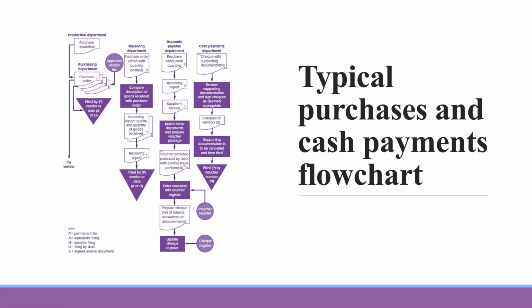For example, requisition and ordering ideally shouldn't be done by the same department. So we have the production department do the requisition and the purchasing department specialized in ordering. The other important control here is authorization. So only the authorized person can do the ordering and confirm the requisition.